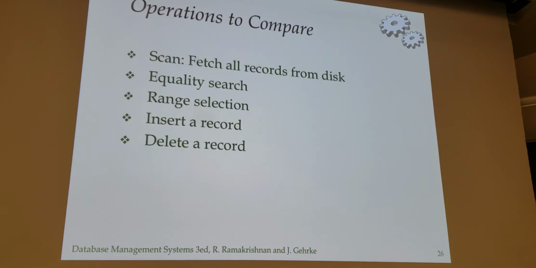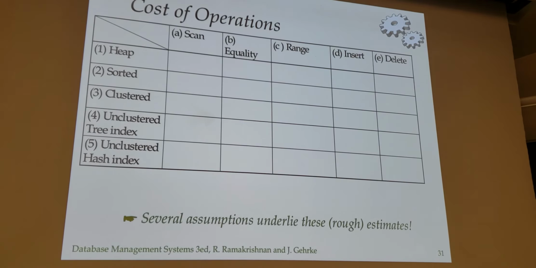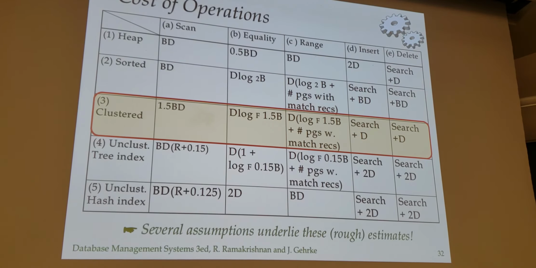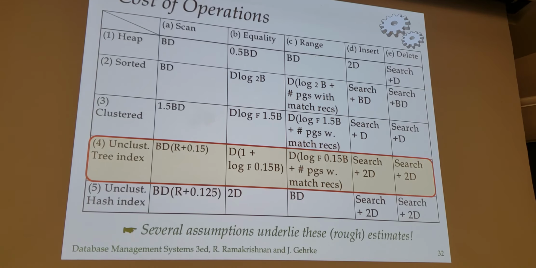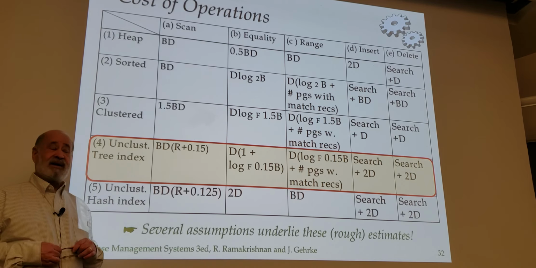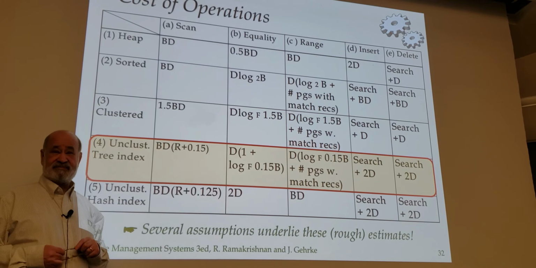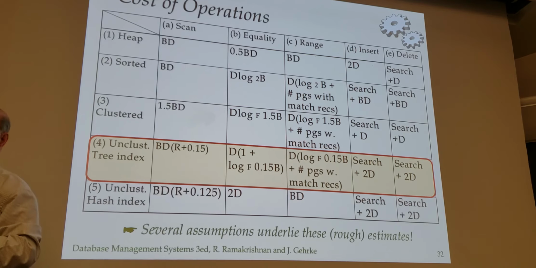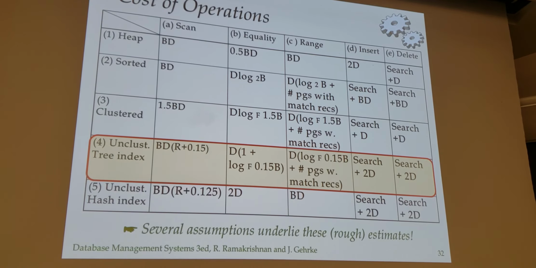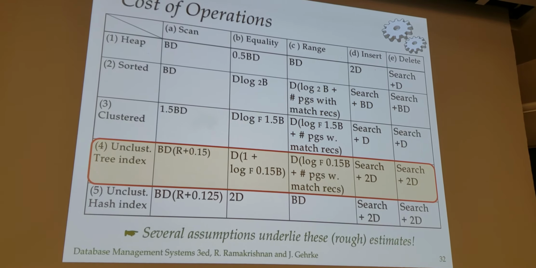So here's the matrix, and we're down to this row here. The 0.15 times BD is the time that it's going to take to go through all the leaf pages of the index.